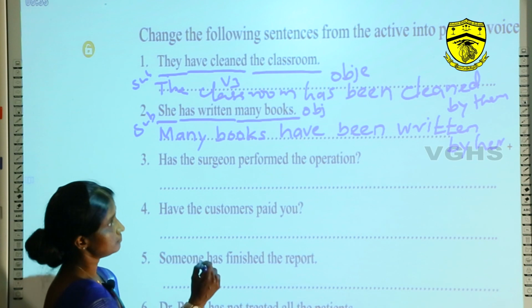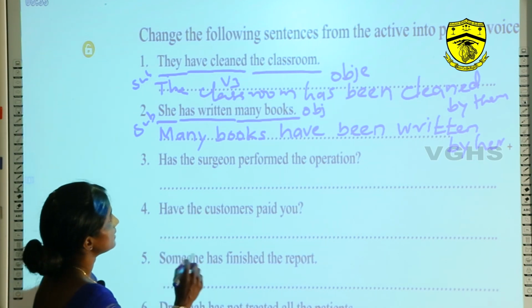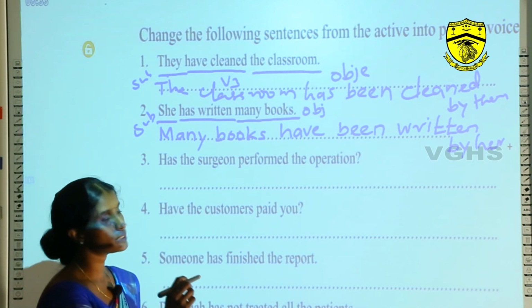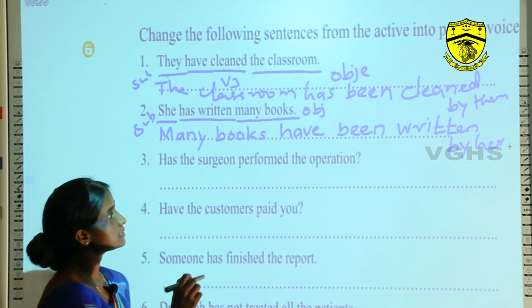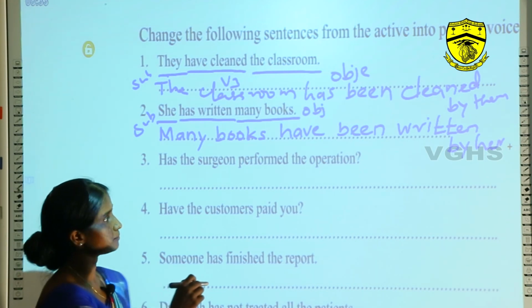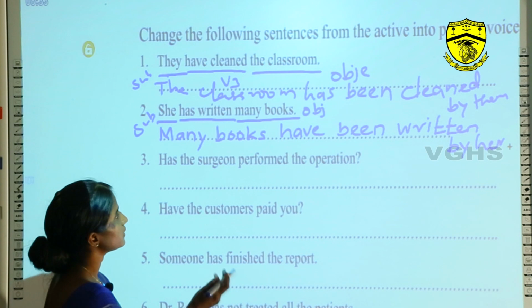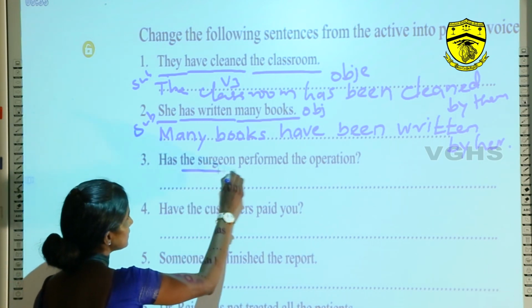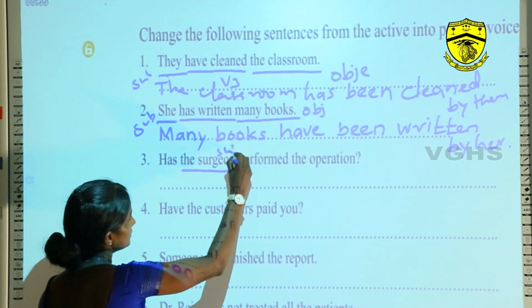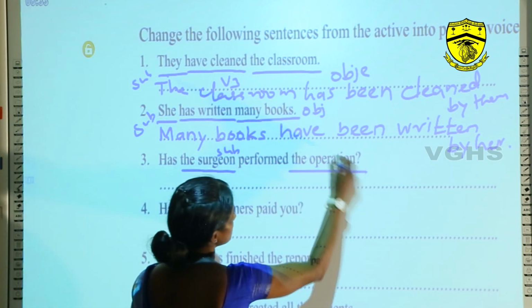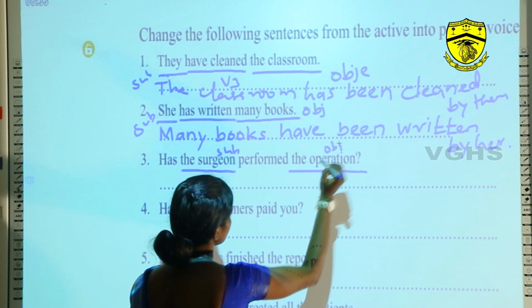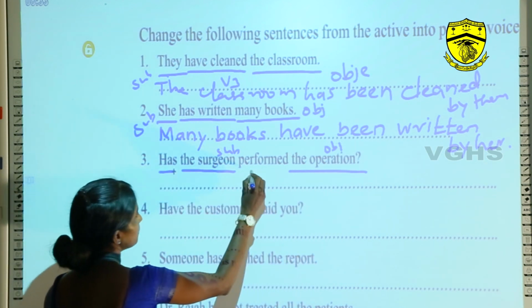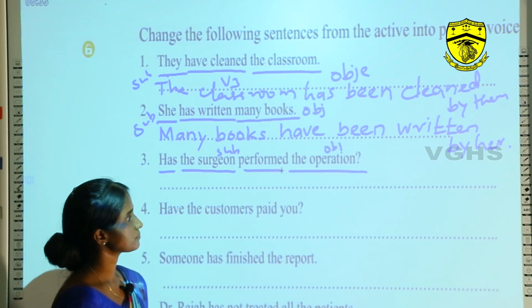And the next sentence: Has the surgeon performed the operation? Here also you want to identify the subject, object, and the verb form. Here the surgeon is the subject, the operation is the object, and has plus performed is the verb.